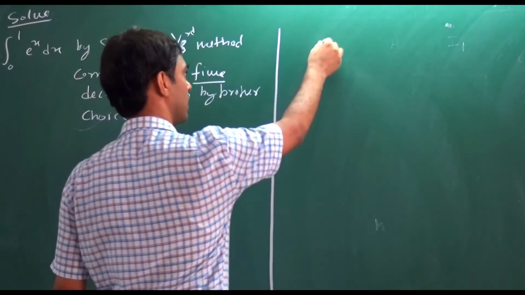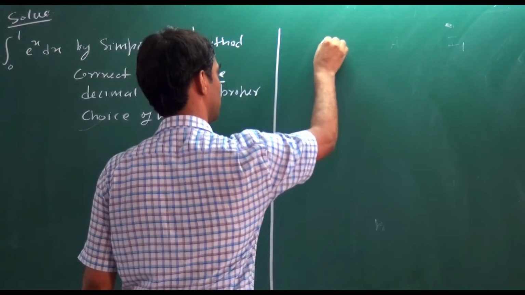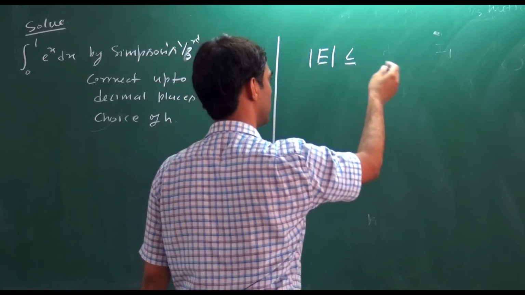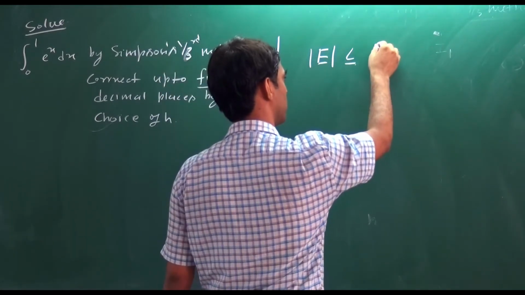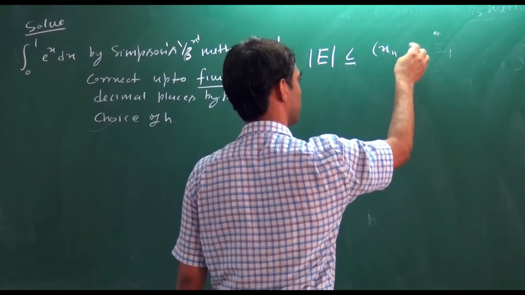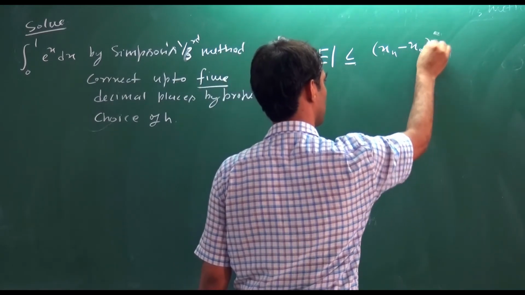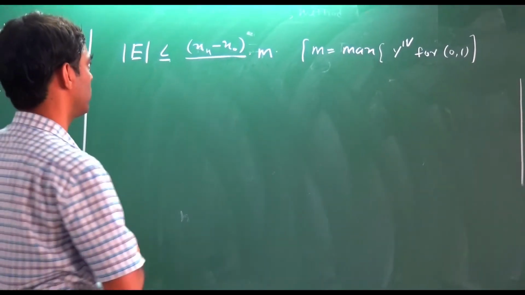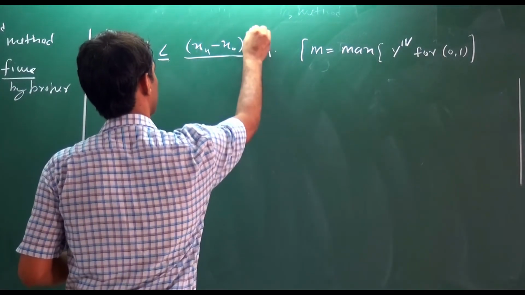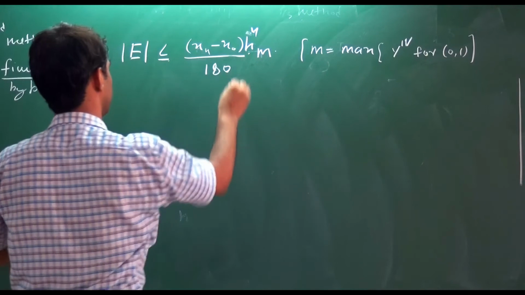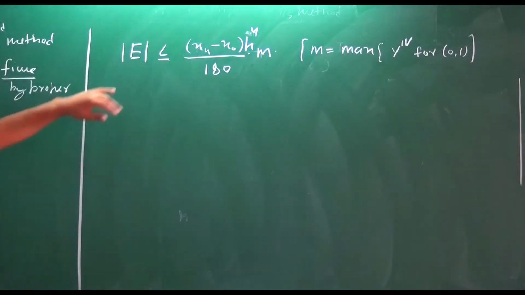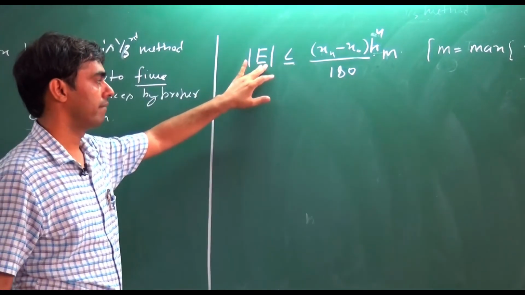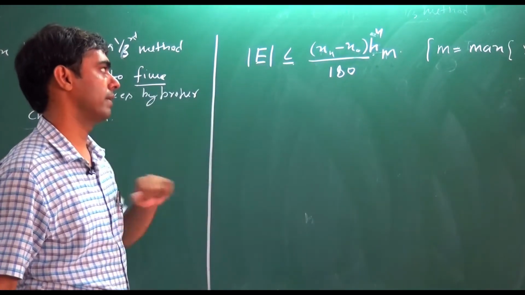We know that the error in Simpson 1/3 rule, the mod of error, is less than or equal to xn minus x0 upon 180 into h to the power 4. So this is the mod value of error.